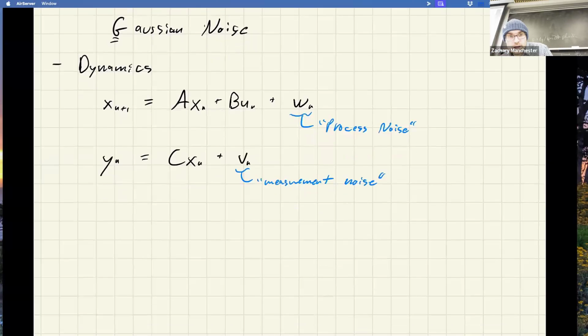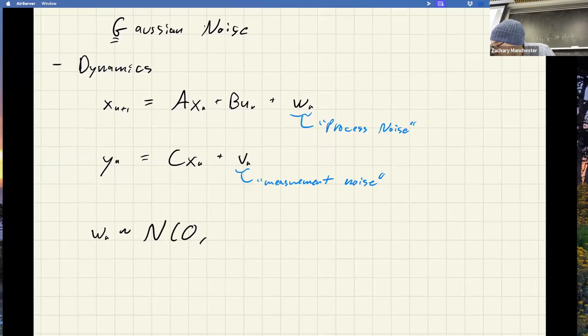And we're going to assume in both cases that these noise terms, the w's and the v's, are drawn from a normal distribution with zero mean and some covariance that we assume we know. So w_k, at step k, you're going to grab a sample from this Gaussian with mean zero and covariance big W. Has everyone seen this notation before?